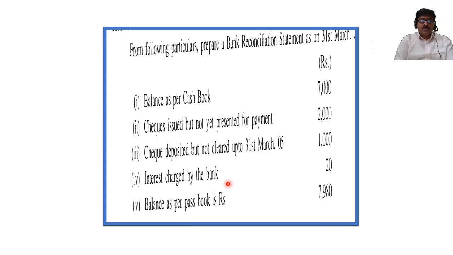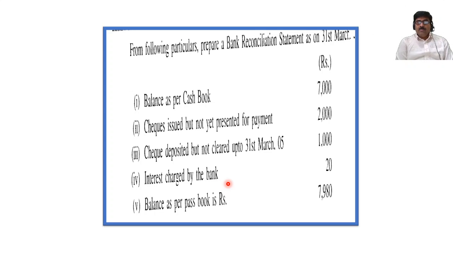Next, interest charged by the bank, 20 rupees. Now, this transaction takes place at the bank. The bank prepares the customer's account, that is called the passbook. It is an expense, so the bank will debit the customer's account, that is the passbook.